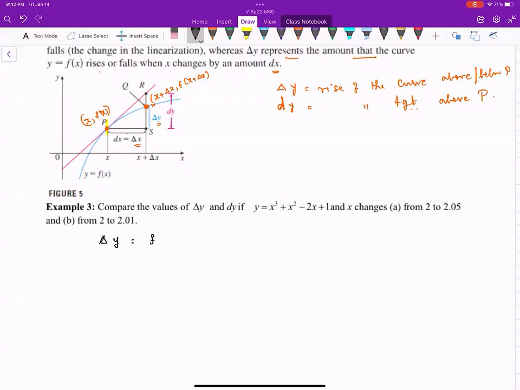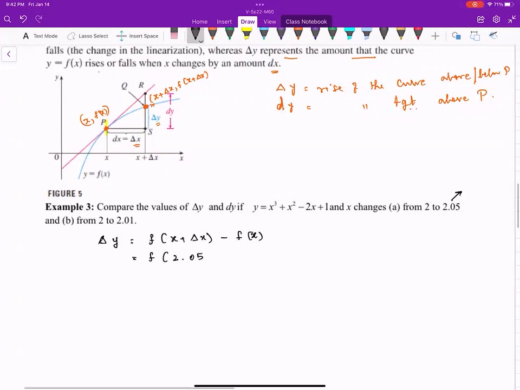By definition, it is f of x plus delta x minus f of x. So it is f of 2.05. So this is the incremented value x plus delta x. This is the initial value x. So f of 2.05 minus f of 2.